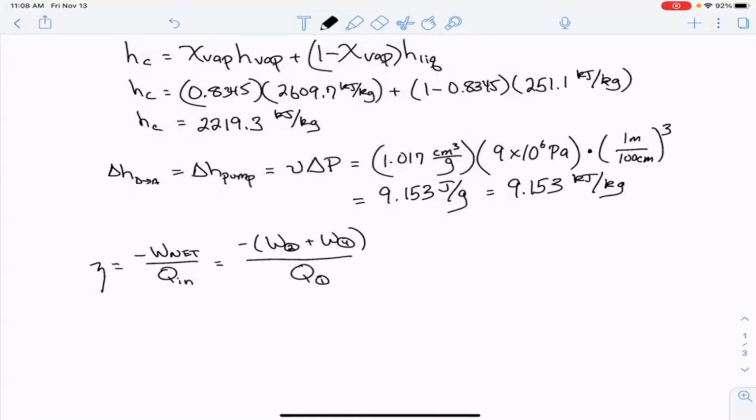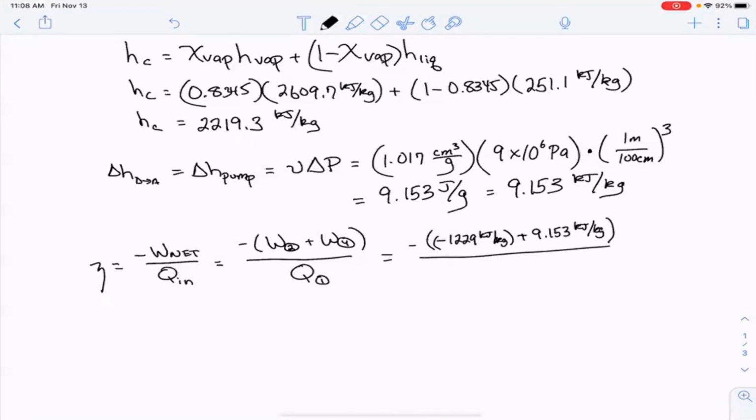And so, this is really then minus the work that you get out of the turbine, which is minus 1229 kilojoules per kilogram, plus the pump work, which was 9.153 kilojoules per kilogram, and then divided by the heat that was added in step 1, which was 3207 kilojoules per kilogram. And so from here, we can find that the efficiency for this process is 38%. Okay.